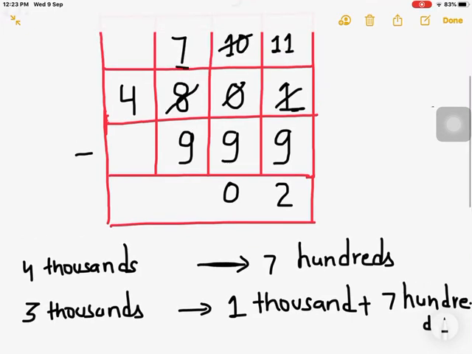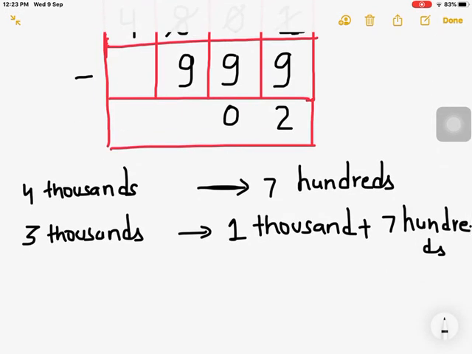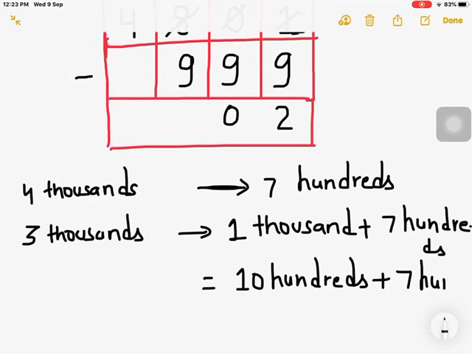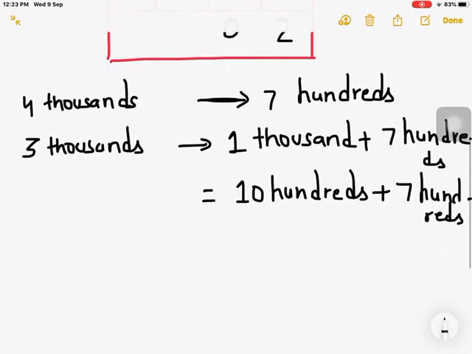When it borrows 1000 from the thousand column, then 1000 means 10 hundreds plus 700, so it becomes 1700.